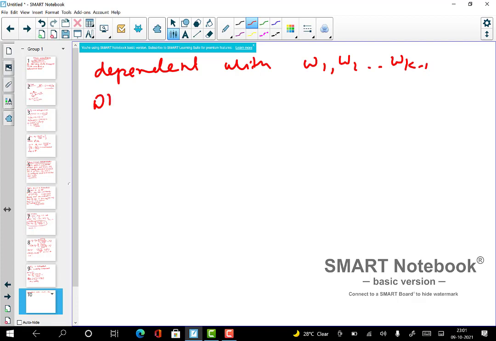Which is a contradiction. So none of those Vi's, V1, V2, up to Vk, are 0. And non-zero orthogonal sets are linearly independent, that we already proved in the last class.